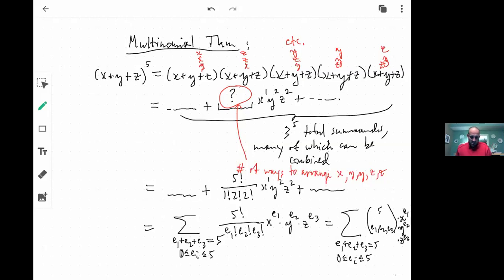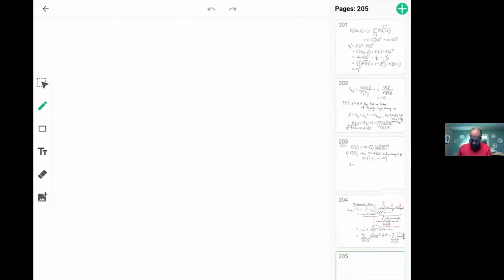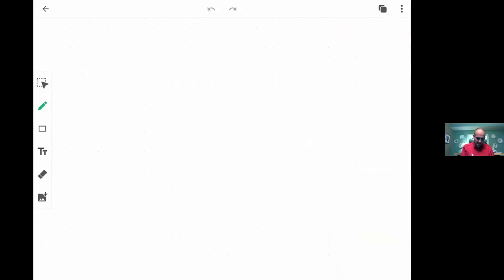And what does the multinomial theorem say in general? Well, it says this. So the multinomial theorem, okay, sometimes it's called the r-nomial theorem.